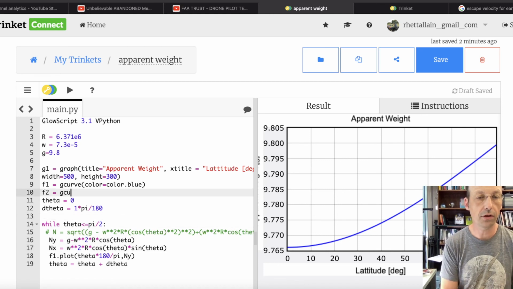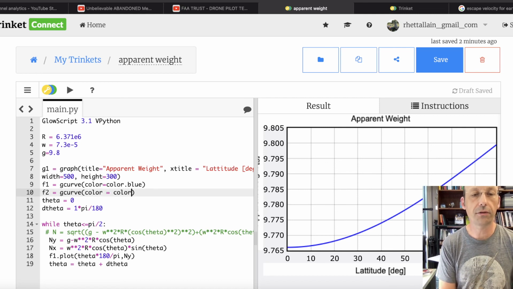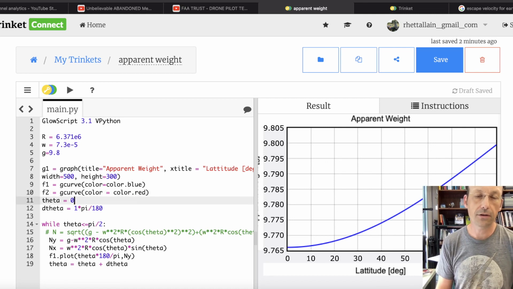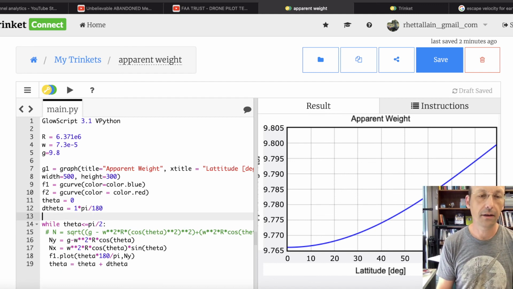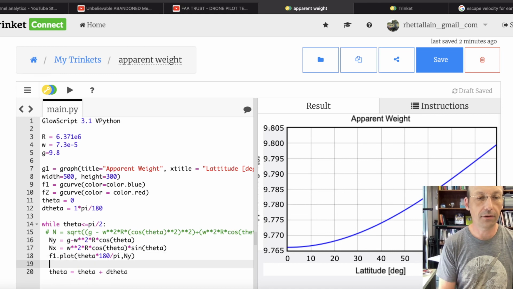F2 equals G curve. Color equals, I thought this was going to be like a super simple calculation. I thought it's going to be easy. I'll just crank it out just like the boss, right? And that didn't happen. Okay, so F2 dot plot theta times 180 divided by pi in x.